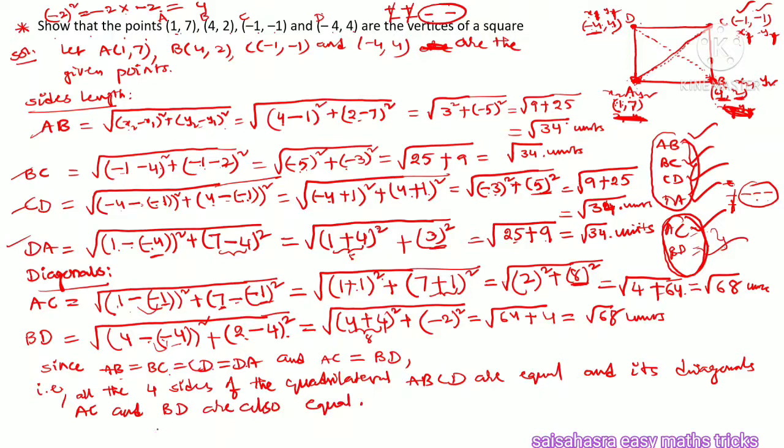Therefore the given points are the vertices of a square.